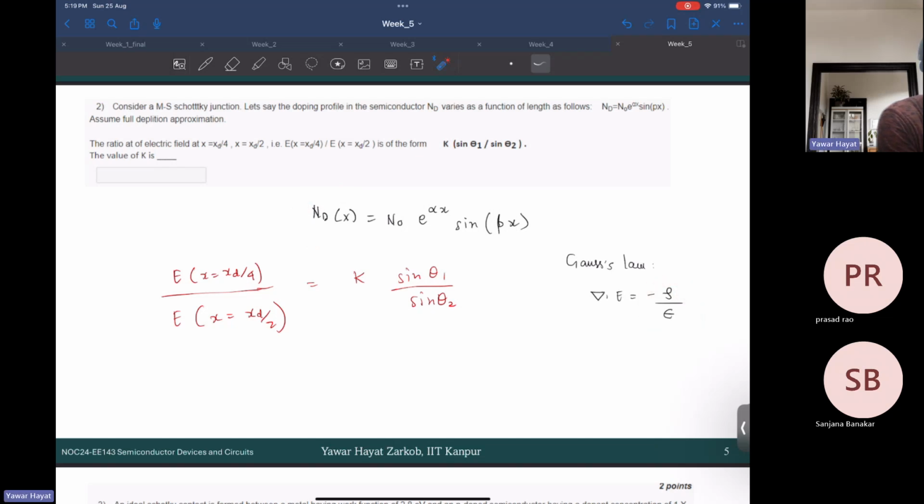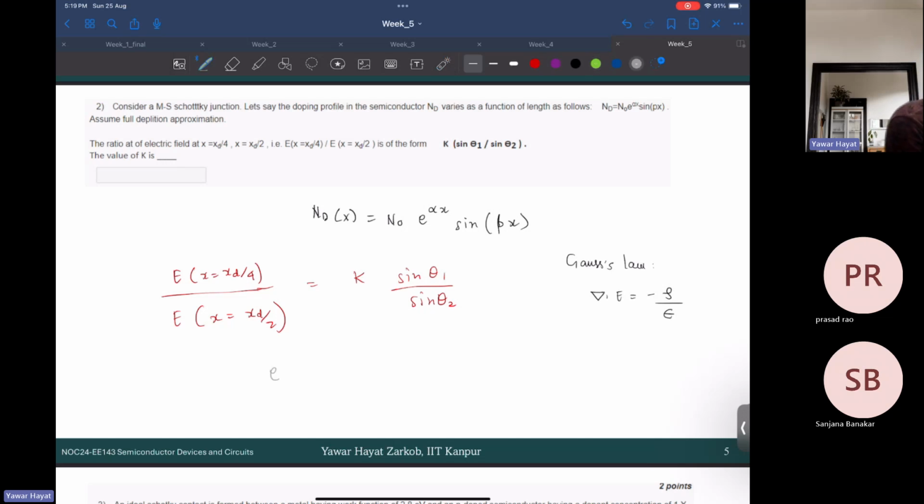So if you use this in this equation, you can also do one simplification. Managing this exponential can get tedious, so we can use the following approximation.